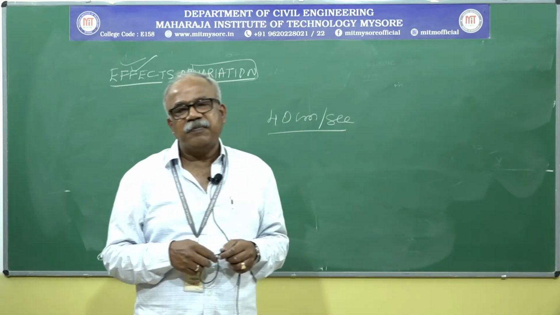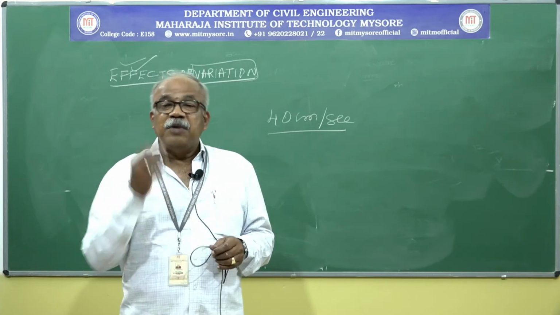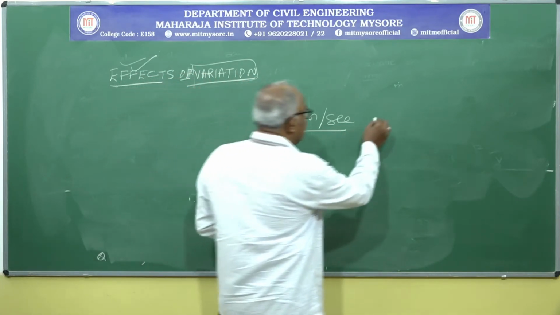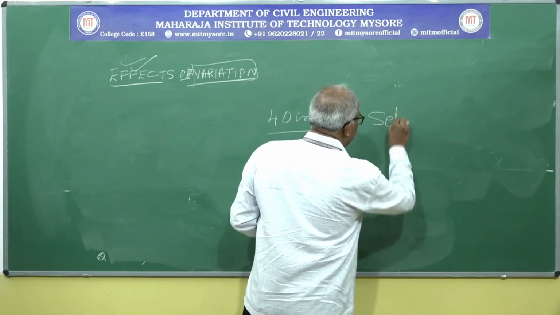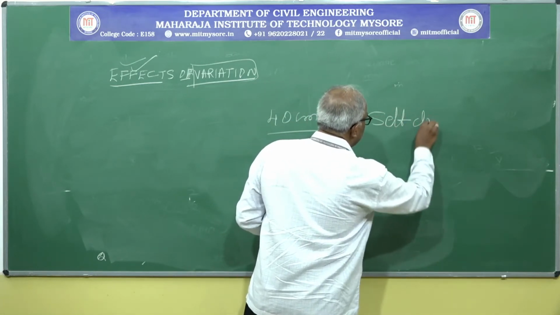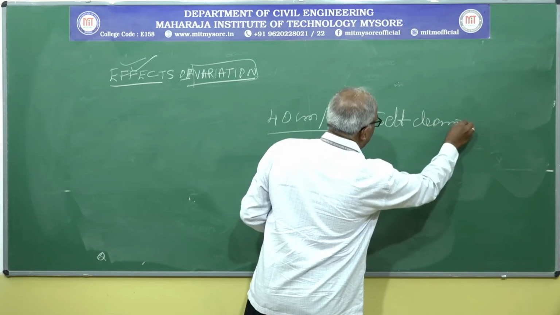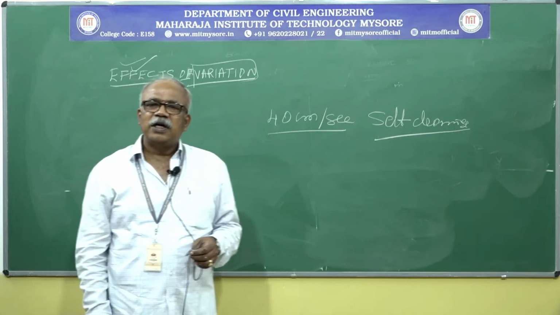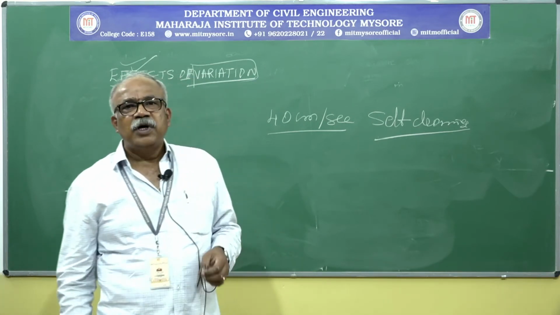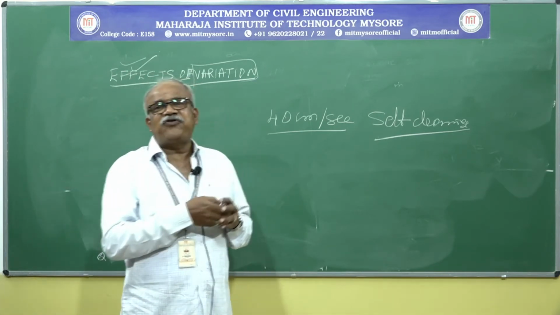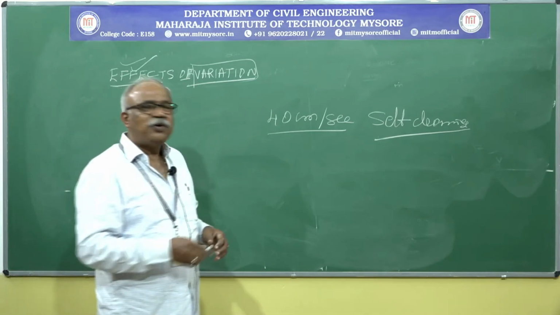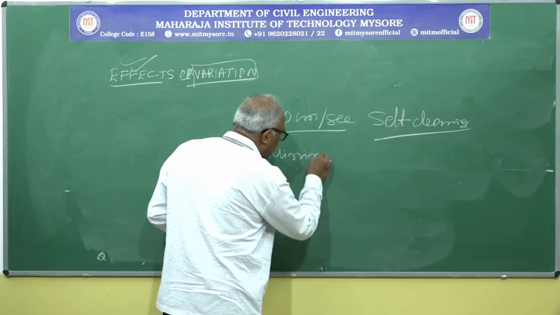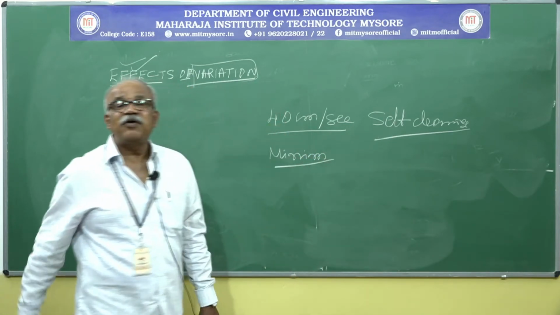We have to maintain this minimum velocity, then only can we achieve self-cleaning. That is one condition. Another condition is that even at the maximum discharge, we have to achieve the minimum self-cleaning velocity.